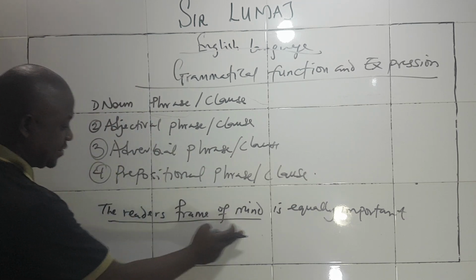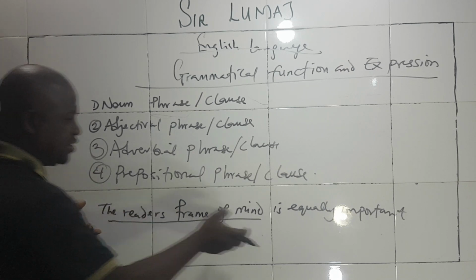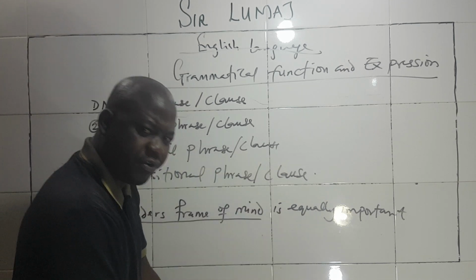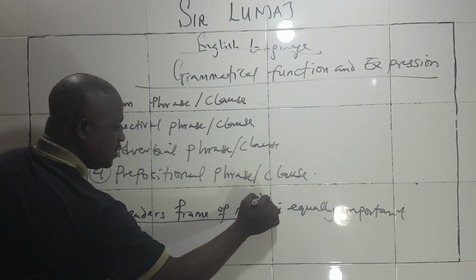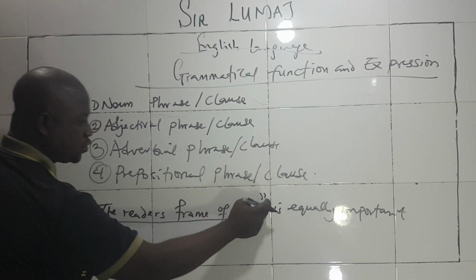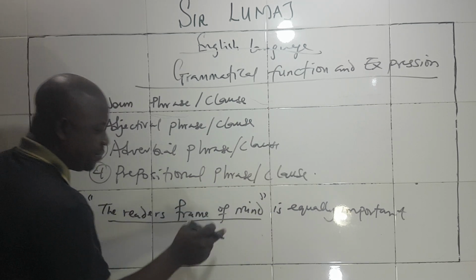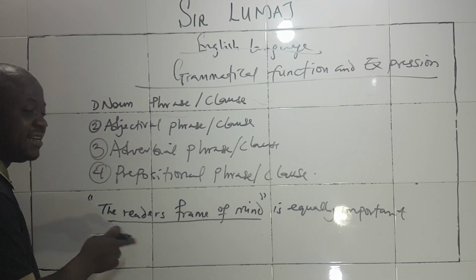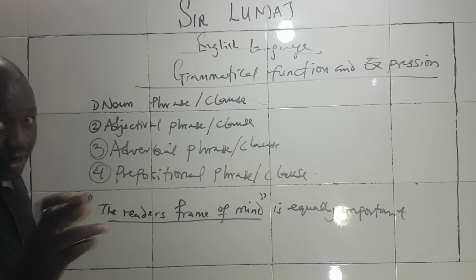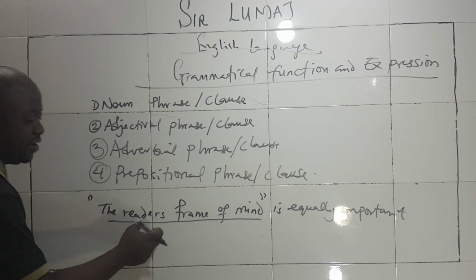If you now look at the length of these underlined words, I've lifted these words out of the comprehension passage. They will bring out something like this in your question, in quotes: the reader's frame of mind, what is the grammatical function and expression of these underlined words? First thing, determine whether it's a phrase or a clause. If you look at it, the readers. Who are the readers?